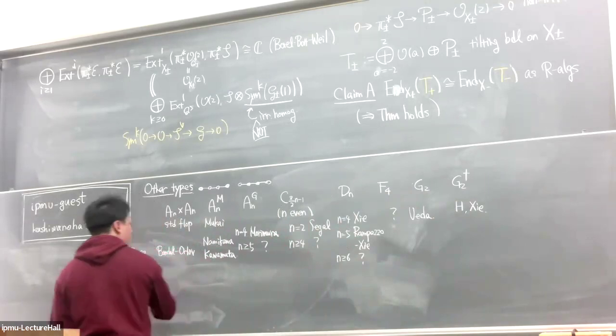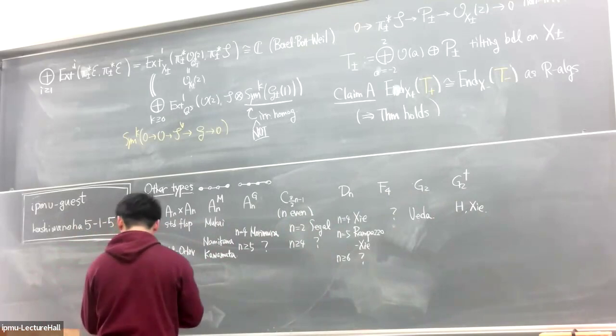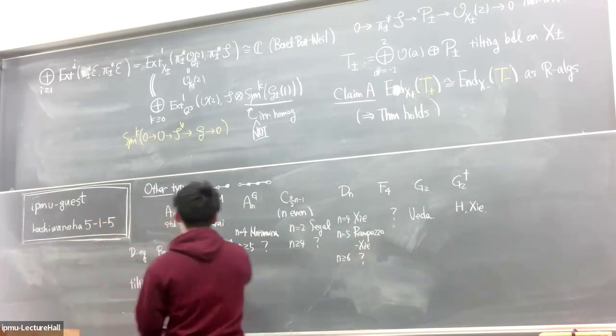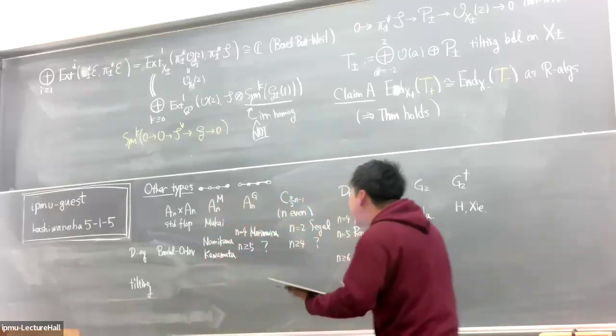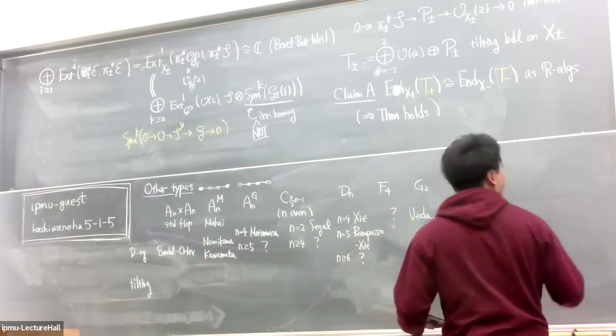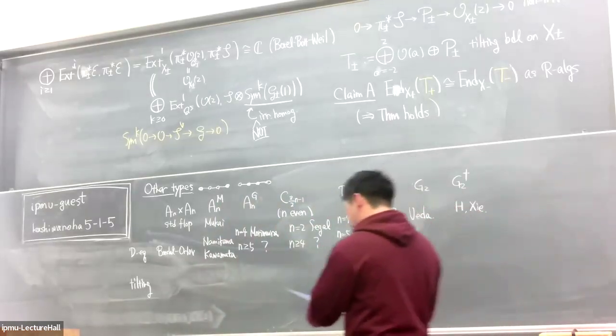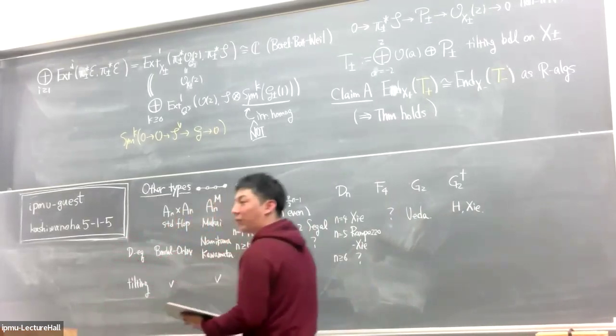And for the existence of tilting bundles in these cases, it depends on the structure, the choice of the rotor. And for the linear model like today, it's quite easy to construct tilting bundles.